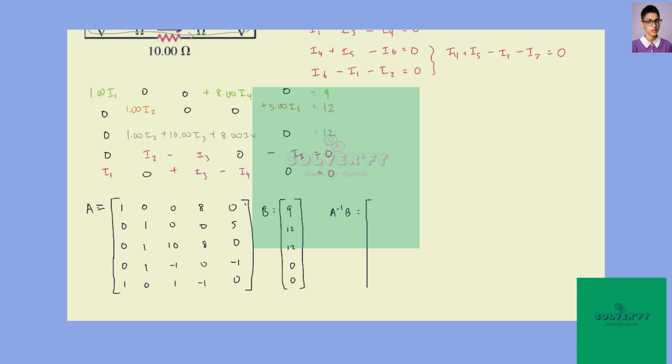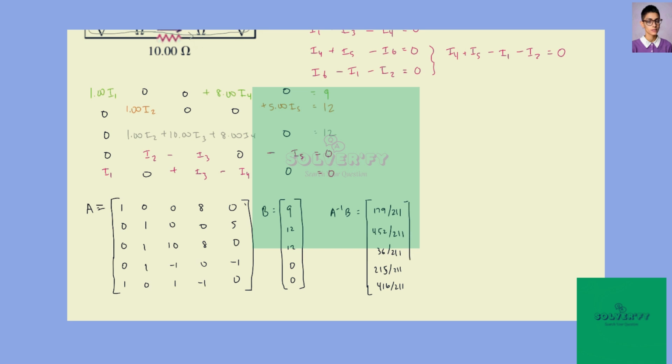And this gives us 179 out of 211, 452 divided by 211, 36 out of 211, 215 out of 211, and lastly, 416 divided by 211.